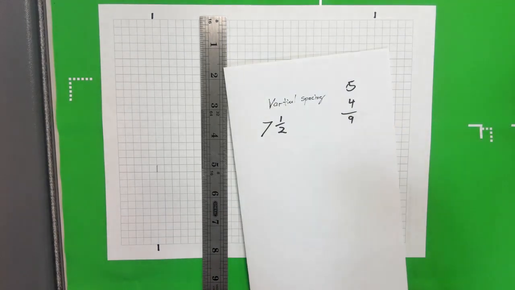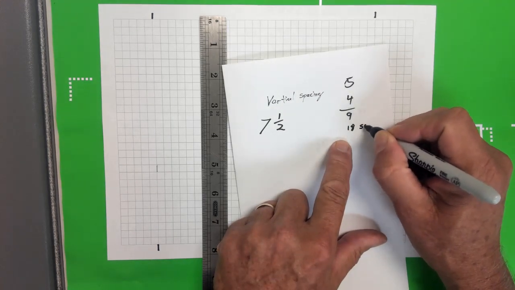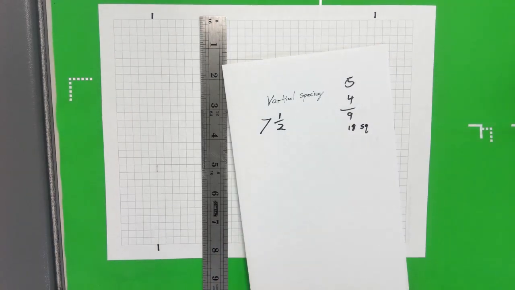Flip that over to 18, so it'd be 18 squares when I double it, which gives me a size of 4.5 inches.